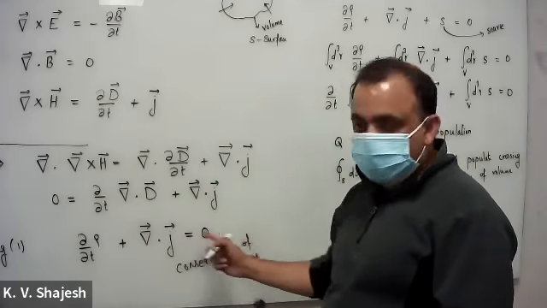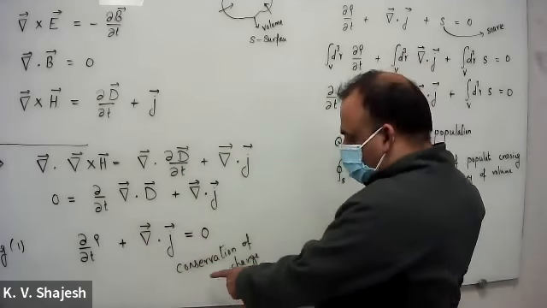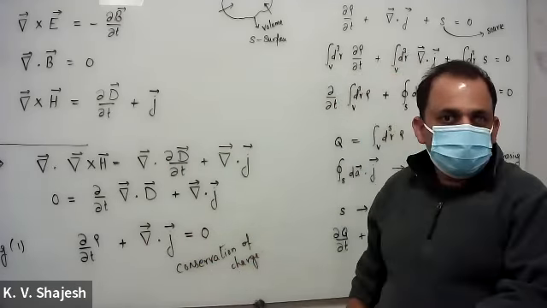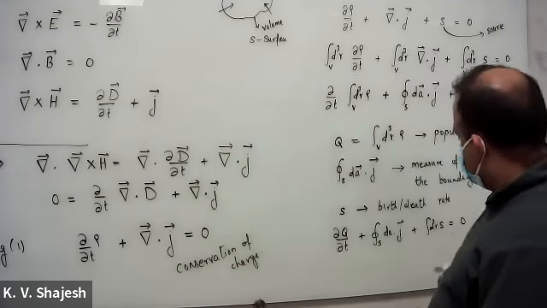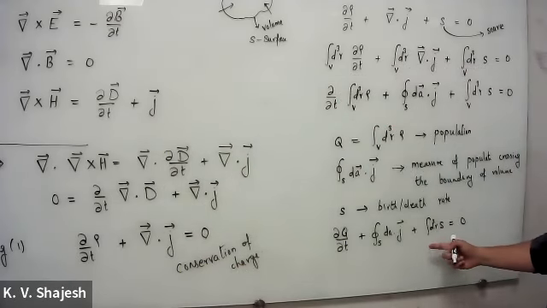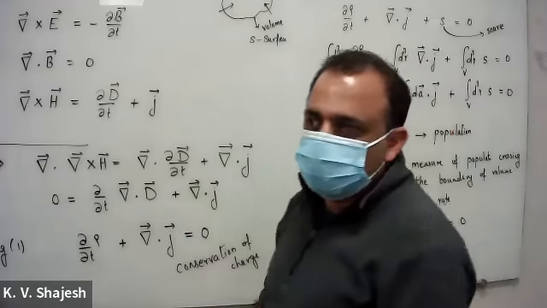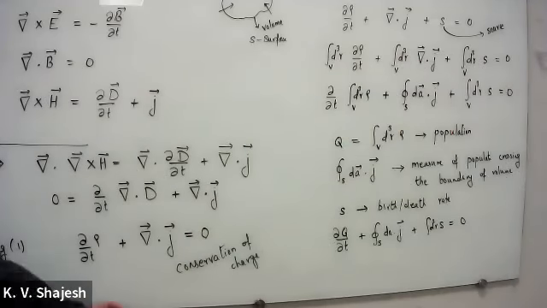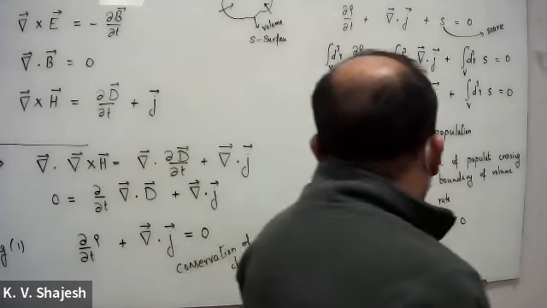So there's a big implication in here. That's why it's called conservation of charge. This term doesn't exist in Maxwell's equations. So you cannot create or destroy charges in the classical Maxwell's equations. There is no way to do that.